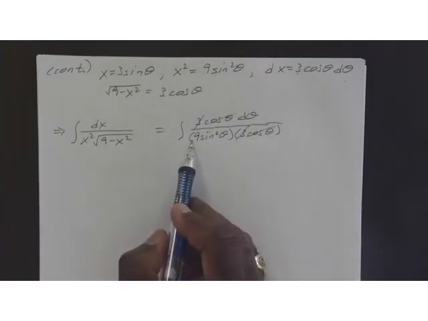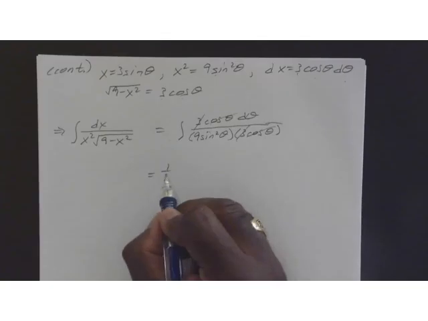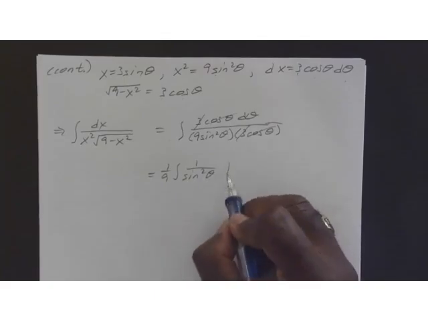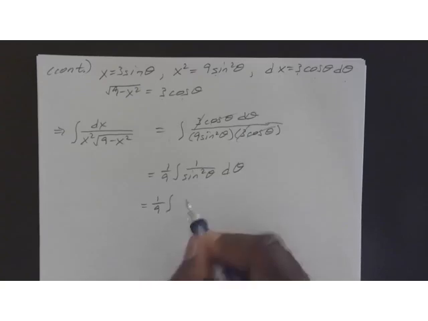So that 9 in the denominator, we can go ahead and factor that out as 1/9 times the integral of 1 over sine squared of theta with respect to theta. Well, 1 divided by sine squared is cosecant squared, so we can just replace that with 1 over 9 times the integral of cosecant squared with respect to theta.